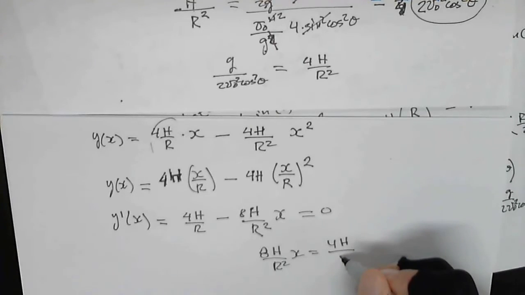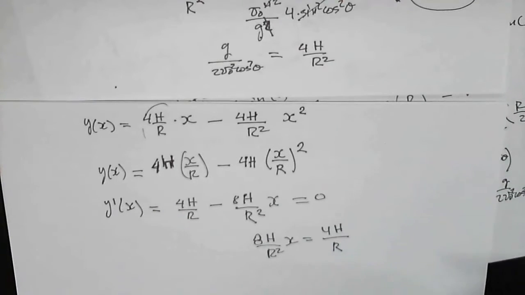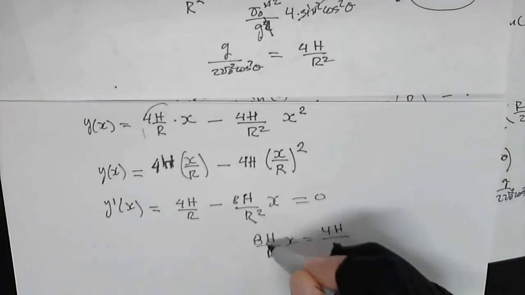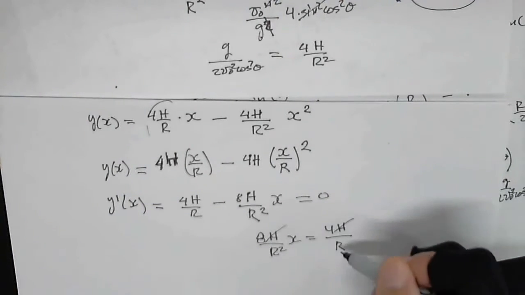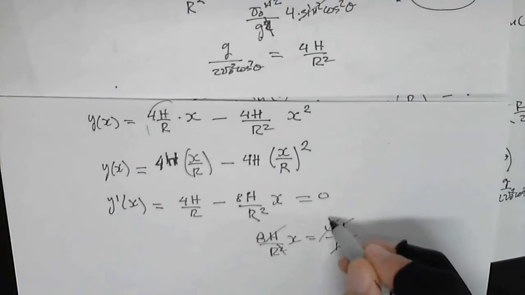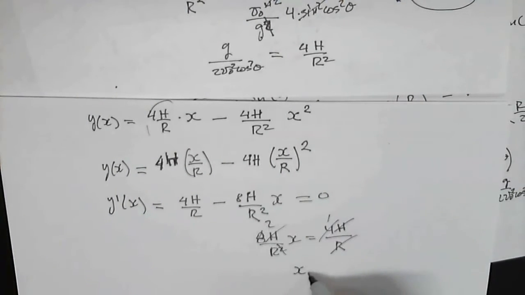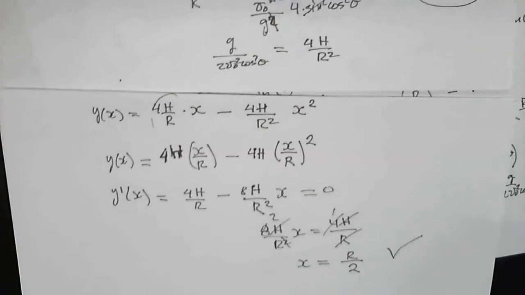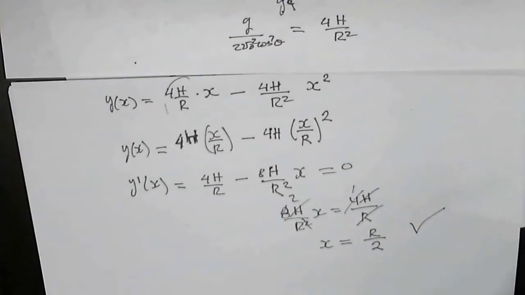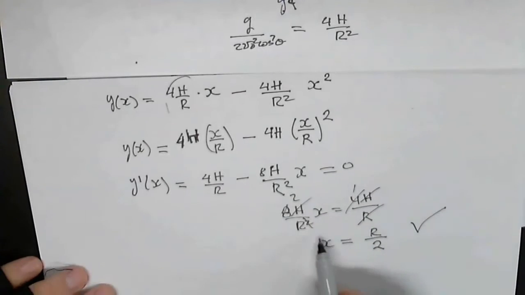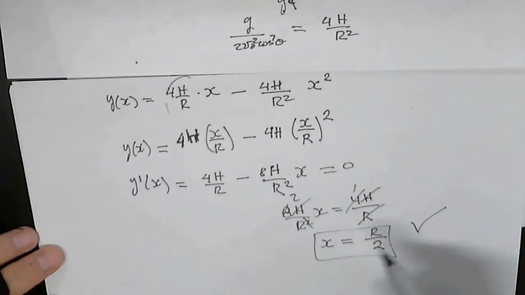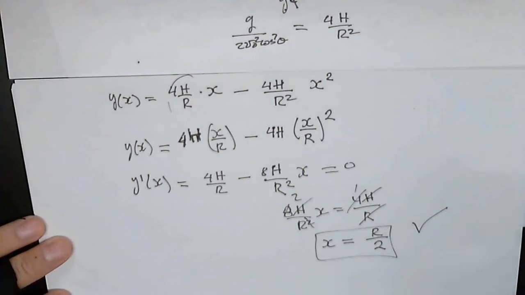The h cancels, one r cancels, 1, 2, and x is r over 2. As expected. Now we substitute this over here.